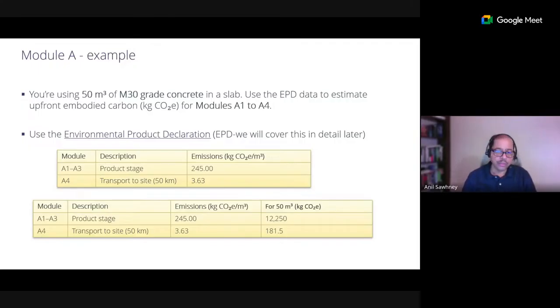One way to do that would be to enhance the availability of EPDs in the region, in India. The government can run a program to increase the number of EPDs available, involve product manufacturers, and request them to add more and more EPDs, maybe by region, by location also.